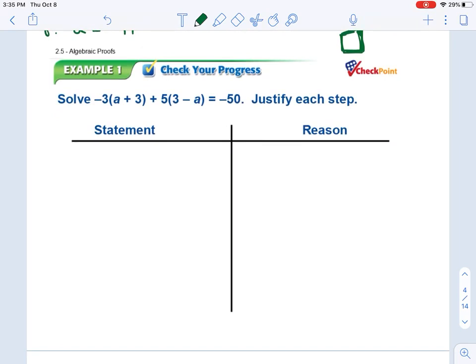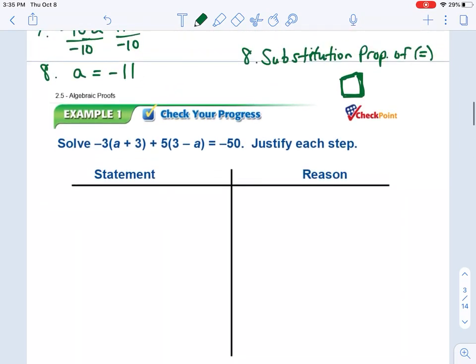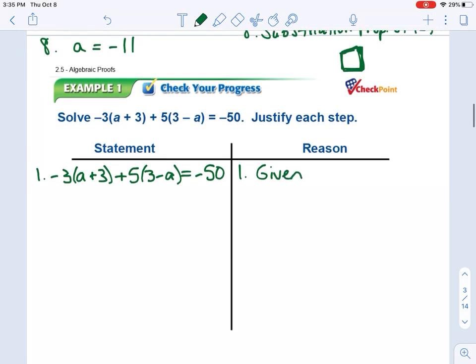This next problem is very similar. Okay? So we'll go through it. I write out my given. And then I write the word given for my reason. I start distributing.